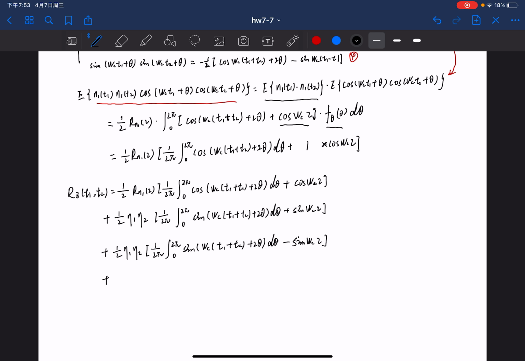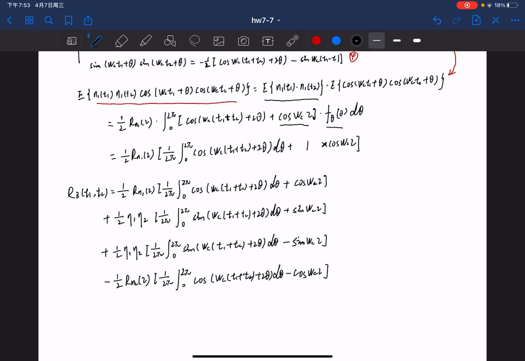And the last part is minus 1 divided by 2 R_n2(tau) multiplied by 1 divided by 2 pi, 0 to 2 pi, cosine omega_c (T1 plus T2 plus 2 theta) d theta, and minus cosine omega_c tau.